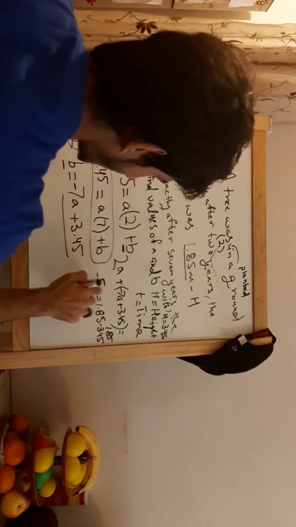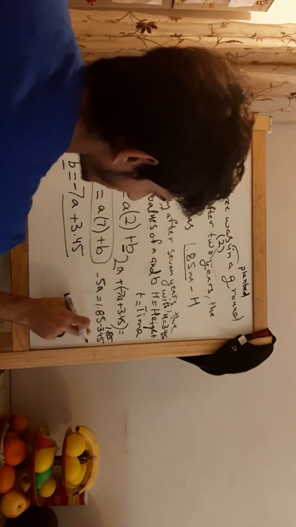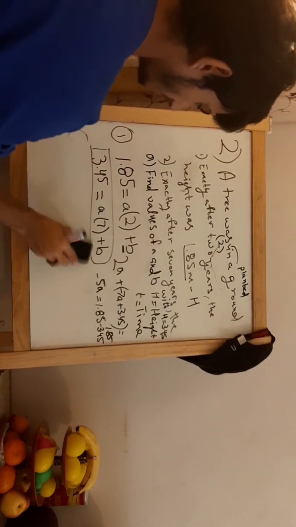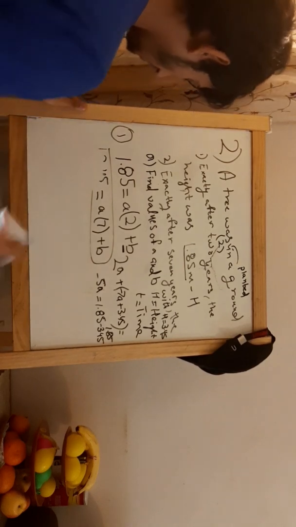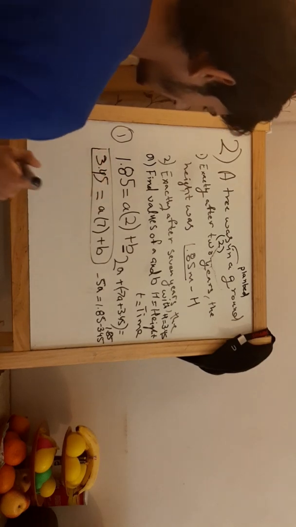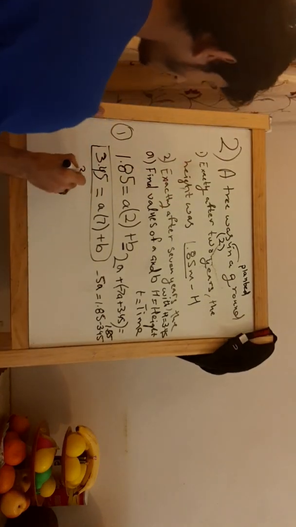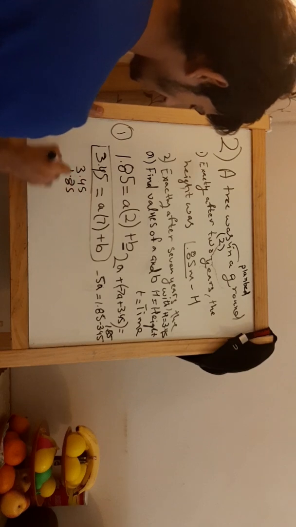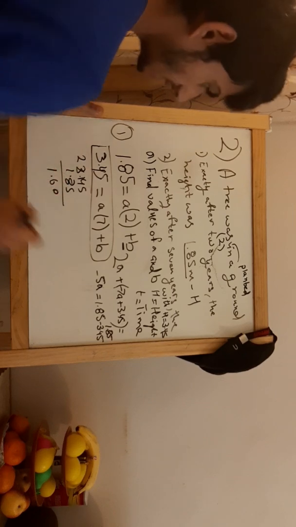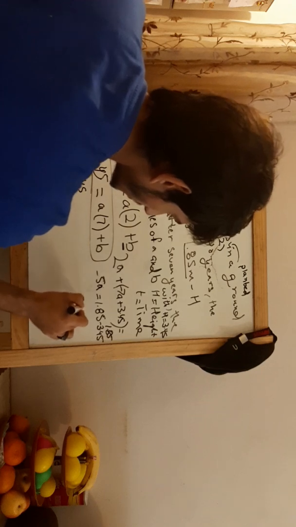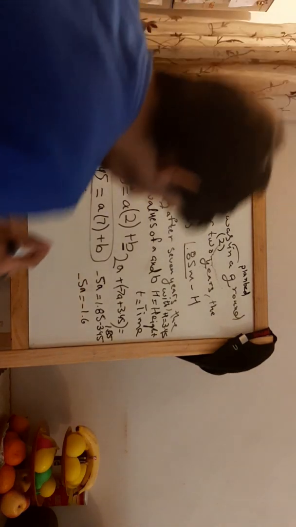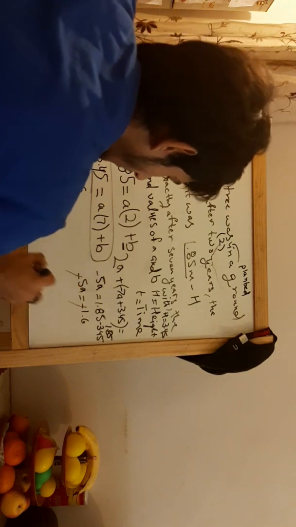Yeah, minus 5a here. 1.85 minus 3.45 will give you minus 1.6. So minus 1.6 equals minus 5a.